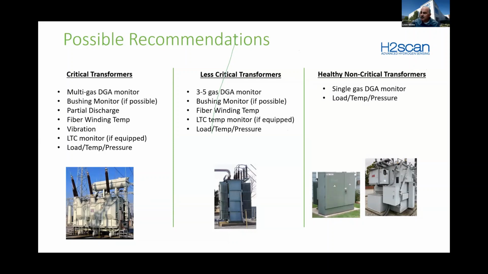And so we are seeing trends in the industry where people are looking at adding monitoring to more than just distribution substation transformers. Most people still aren't even monitoring those, but a lot of people have been monitoring those with hydrogen and moisture monitors for a long time. And so as we get into things like distributed generation, wind and solar and electric vehicle charging, distribution transformers are getting more and more overloaded.